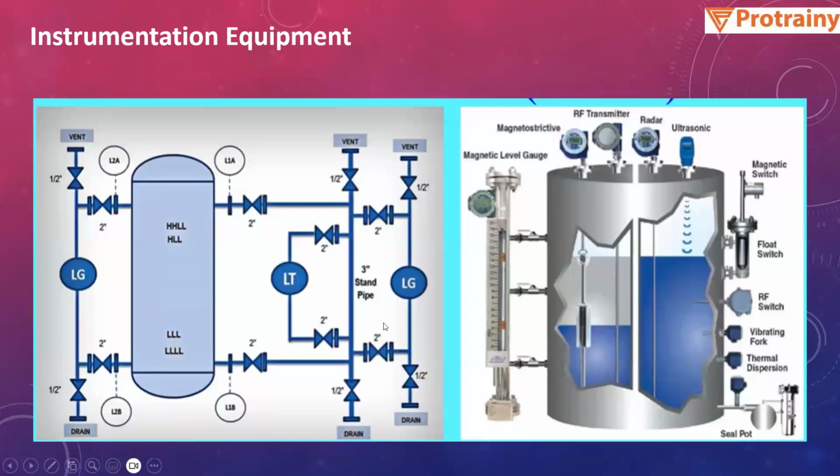You can see that this is a typical diagram where we have the level transmitter LT and the level gauge LG. These are the various measuring instruments which are attached here.